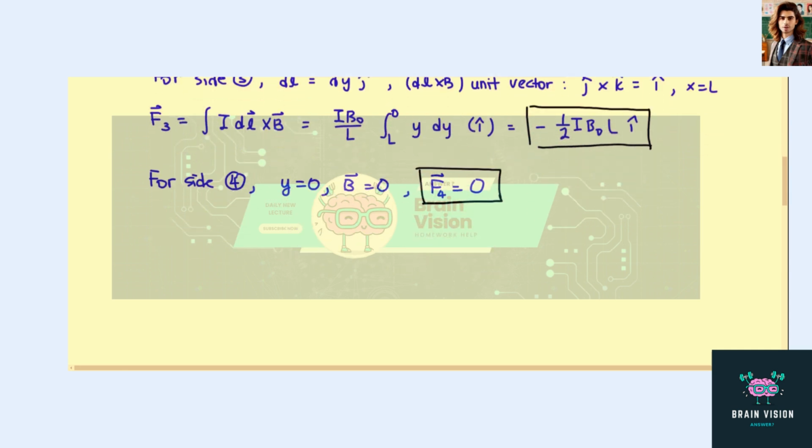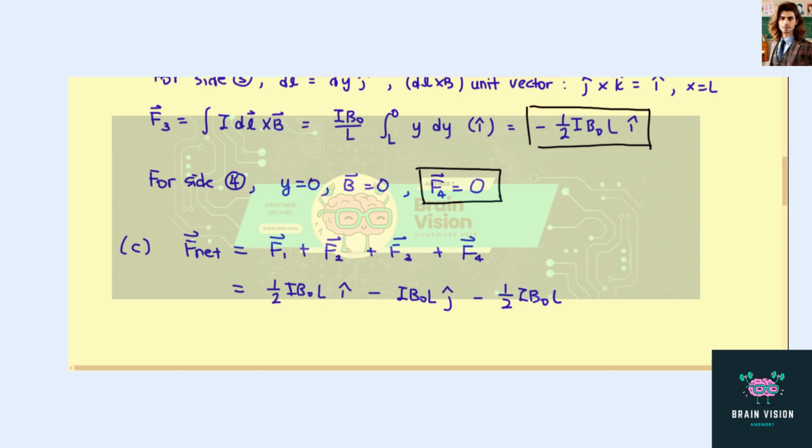Now we want to find the net force in part C. F net will just be the sum of all four forces that we found in part B. So you have half I B naught L i hat minus I B naught L j hat minus half I B naught L i hat plus 0.